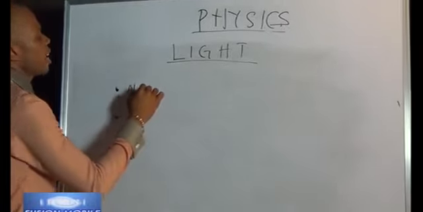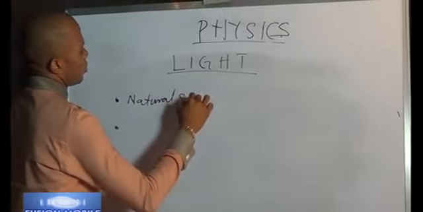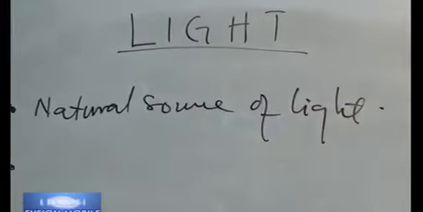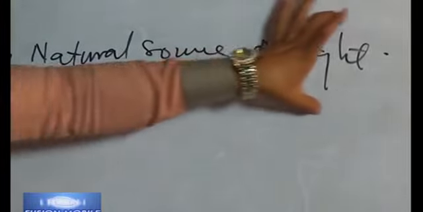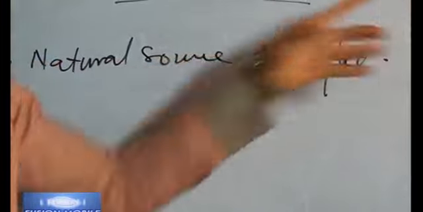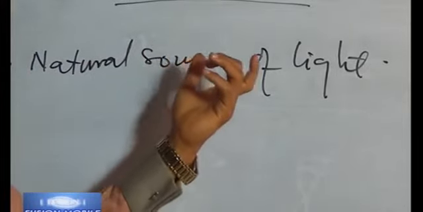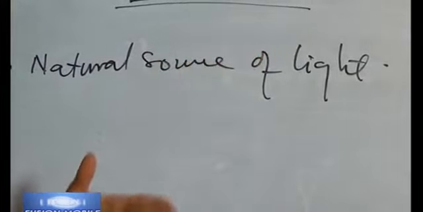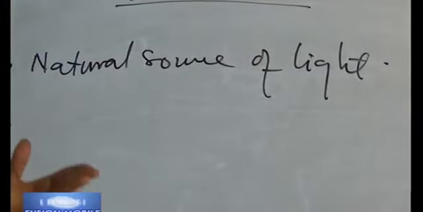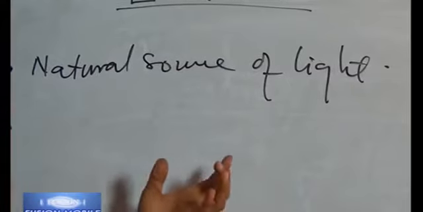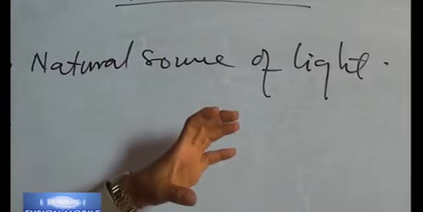First one, we have the natural source of light. These are sources of light that are not made by man. They are things we see and they cause sensation to vision, but yet they are not made by man.